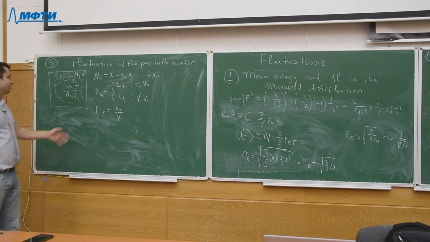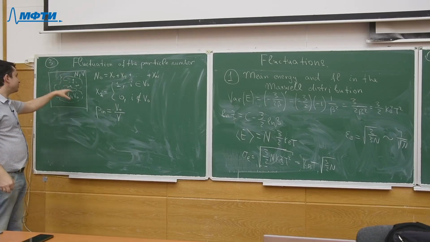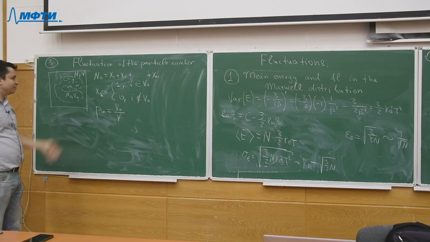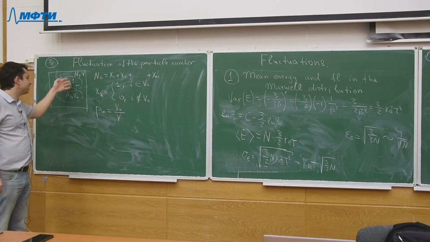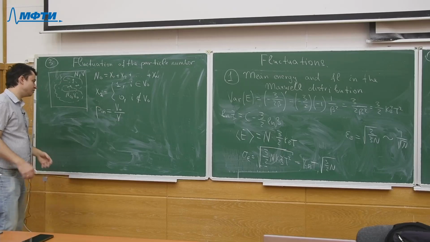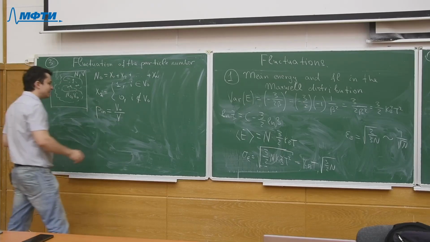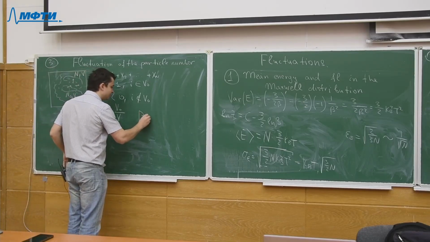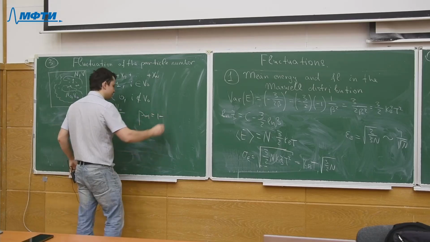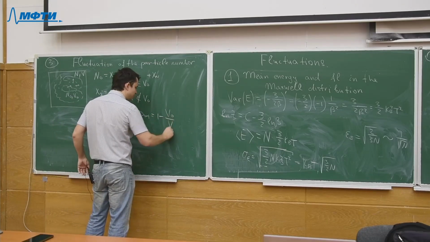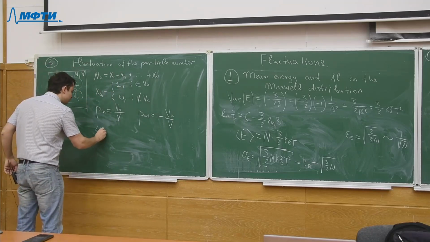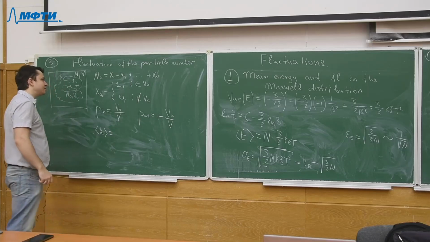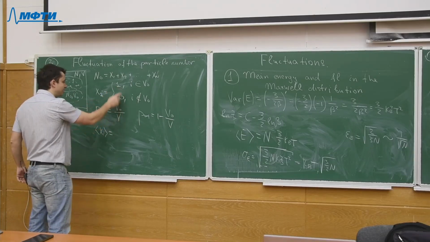This is valid, and it means that if the molecule is allowed to travel everywhere, then indeed the probability for that molecule to be inside that volume is equal to V0 over V. And the probability for the molecule to be outside is, of course, 1 minus V0 over V.